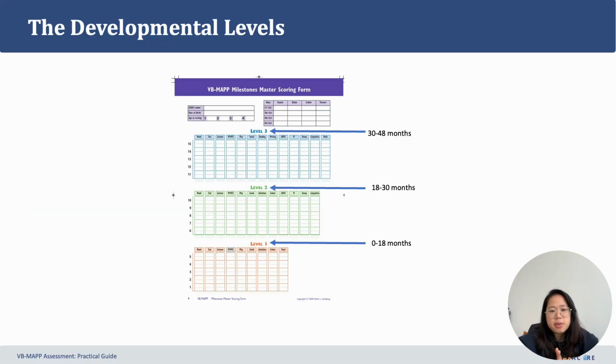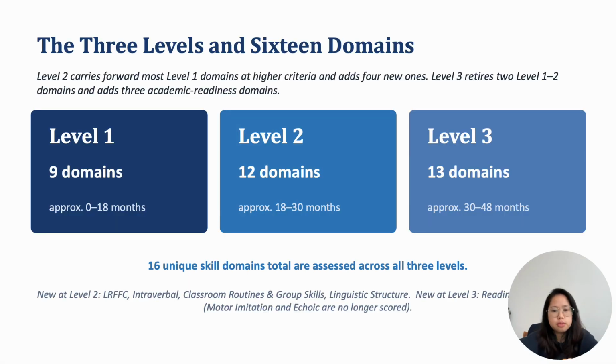Here are the developmental levels from the scoring grid. So if you can see here, there's level 1, the orange, level 2, the green one, and level 3, the blue one. So let me explain further the details. All right. So here, level 1 roughly matches the learner and language skills you'd see between 0 to 18 months.